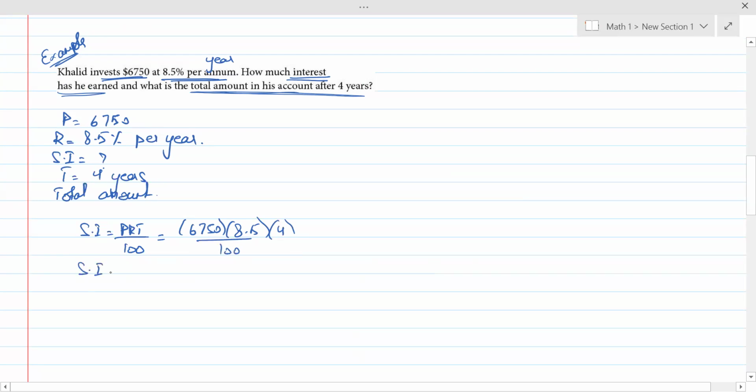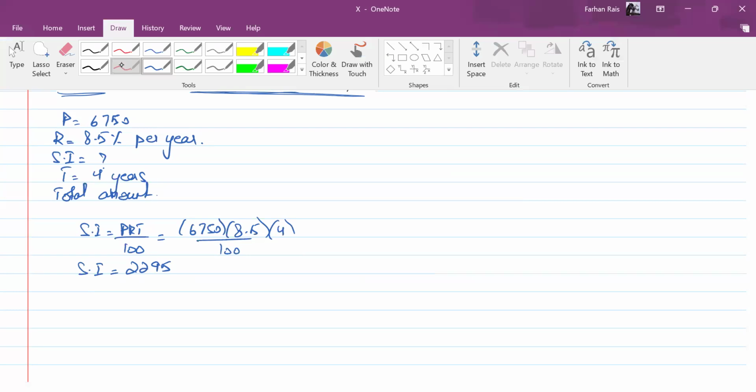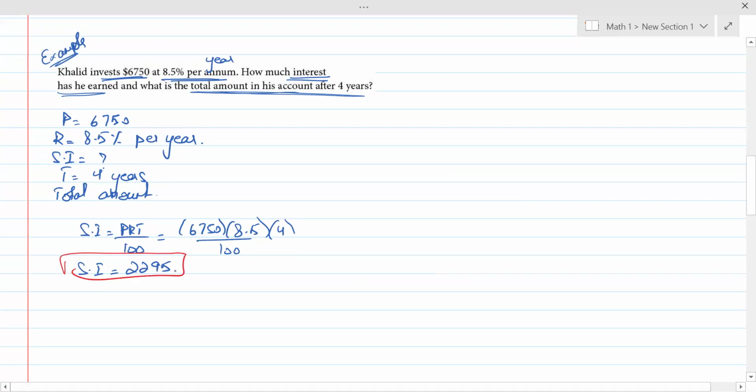We are getting this simple interest as 6750 into 8.5 into 4 divided by 100. We are getting this as 2295. Okay, so $2295 is the simple interest earned.